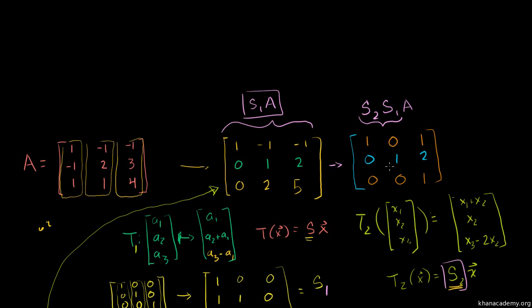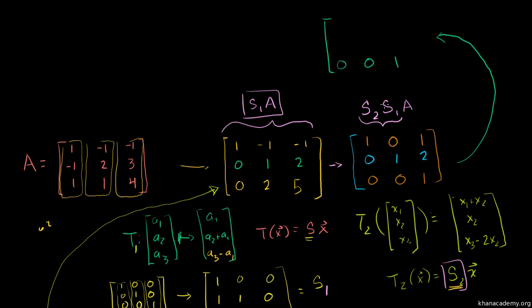Fair enough. Now, we still haven't gotten this guy in reduced row echelon form. So let's try to get there. I've run out of space below him, so I'm going to have to go upwards. What I want to do is keep the third row the same, 0, 0, 1.